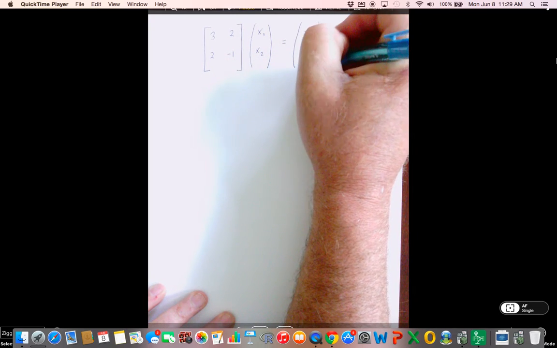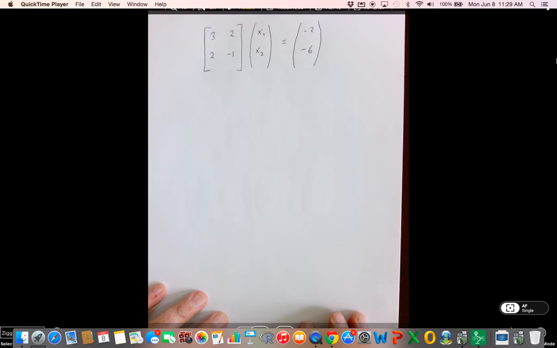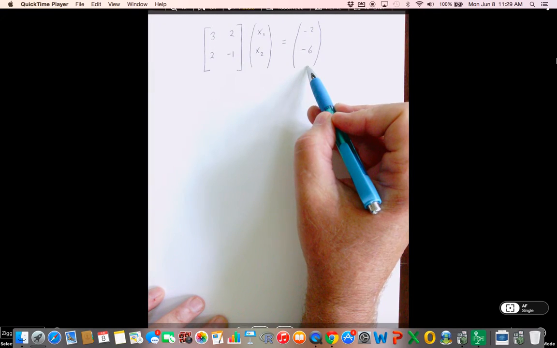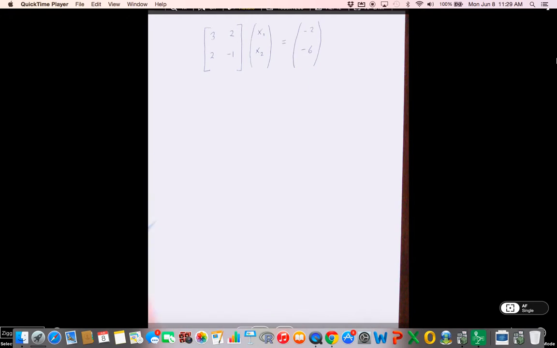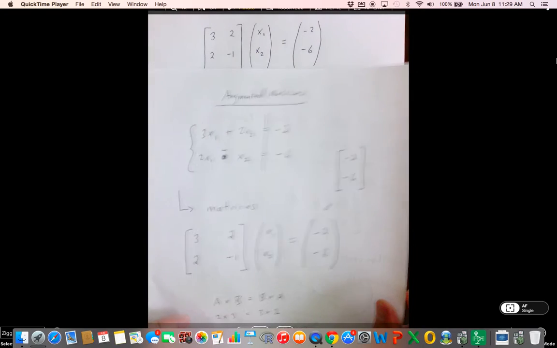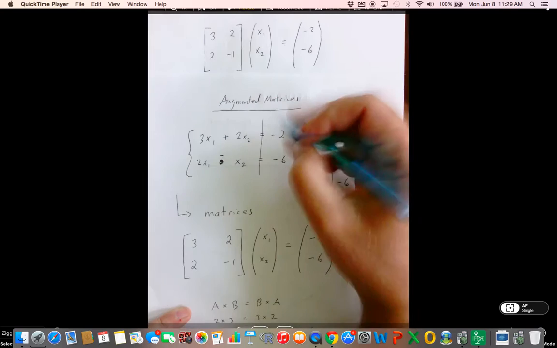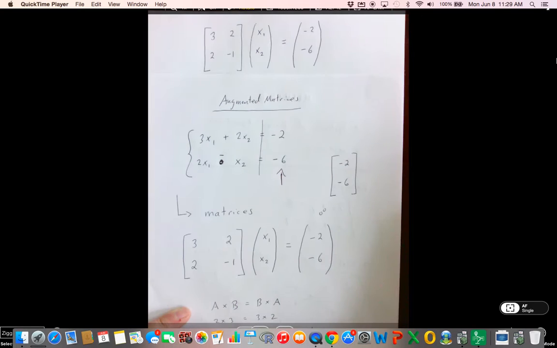I think in the simplest form, it's pretty clear where these numbers come from. Especially this part over here, -2, -6. Let me overlay the original problem here. It's just the numbers that we have, right there.